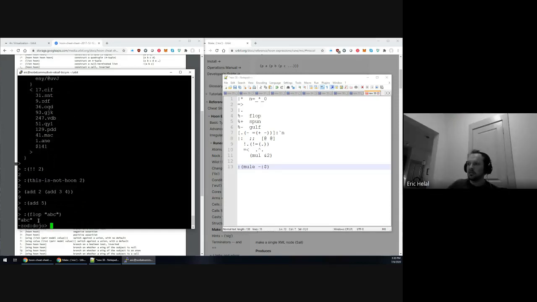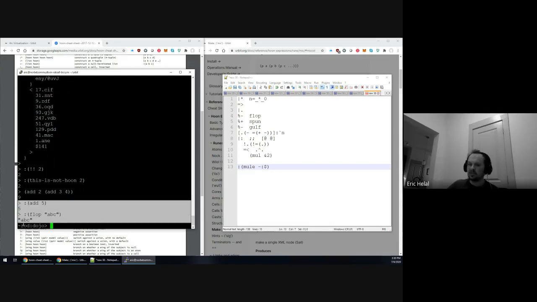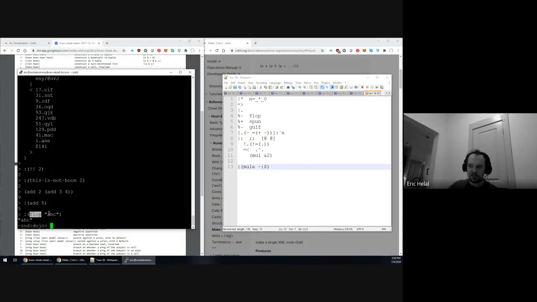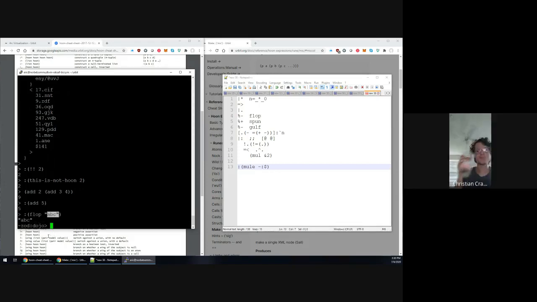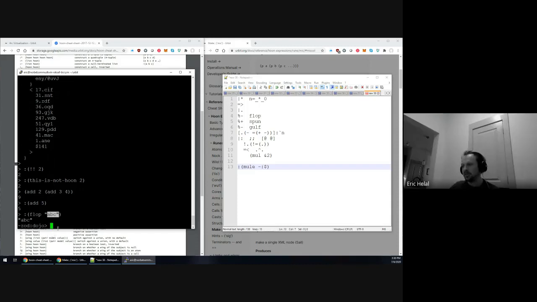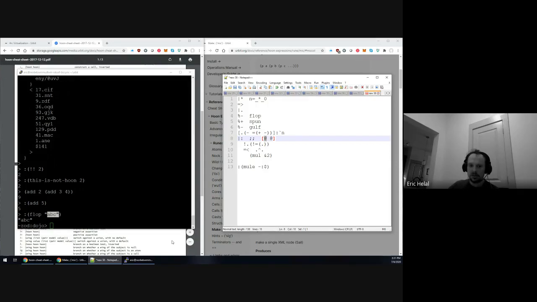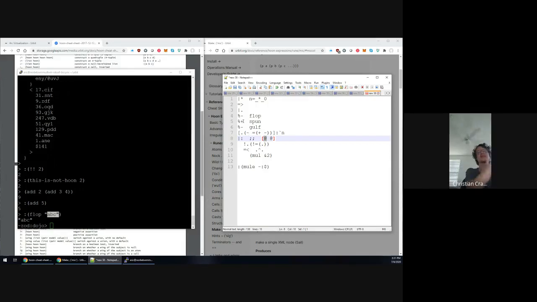I see. I thought that this was just applying it with nothing or something, but it isn't. It's just disregarding whatever function is here and giving you this. Okay. And then this is the head of the list that is flopped, where the head is the final multiplication product of all those iterations. Yeah, because it's the list.